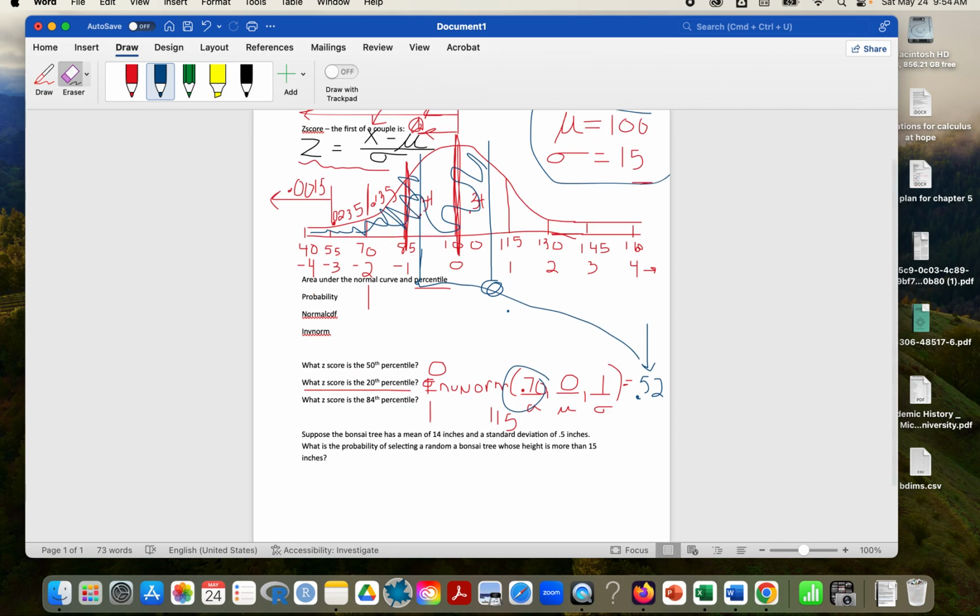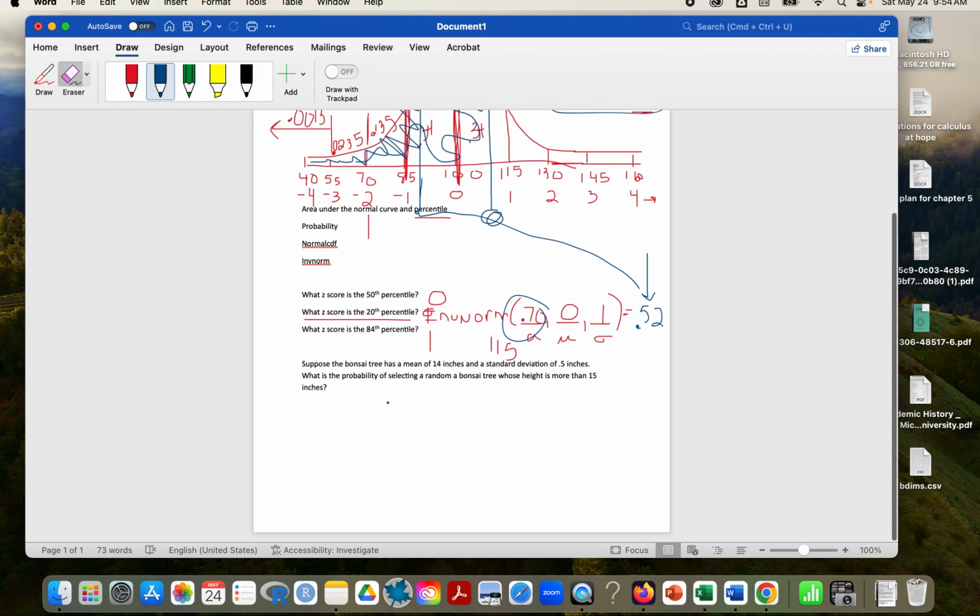Okay, so far so good, I hope. Now, suppose the bonsai tree has a mean of 14 inches. Well, this entire graph that we have here can be redrawn, but what happens is that instead of 100 in the middle, you have 14. And the z-score for the 14 is 0 because it is the mean.